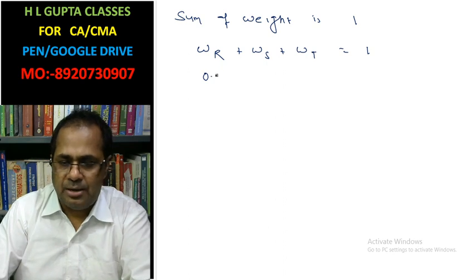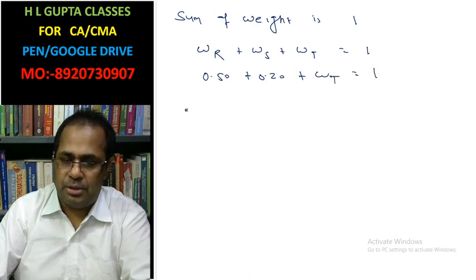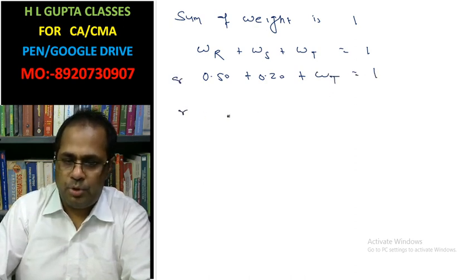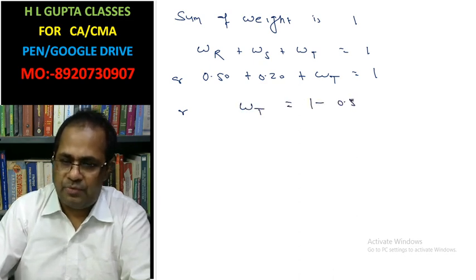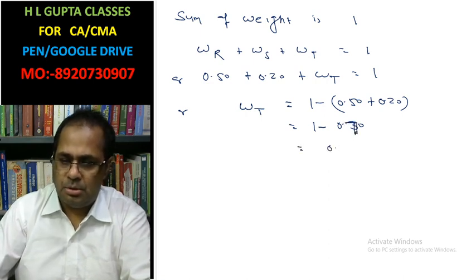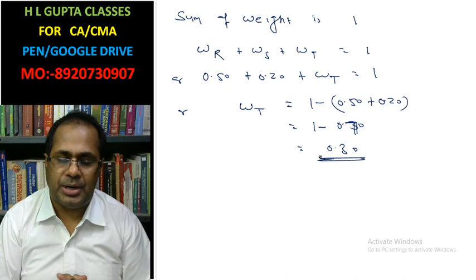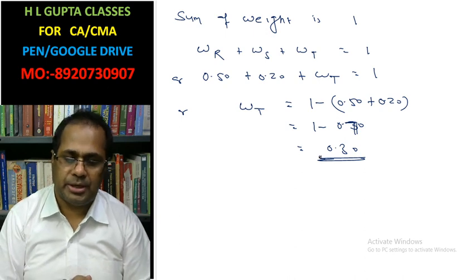Weight R is 0.50, weight S 0.20, weight T we need to calculate, so weight T equal to 1 minus (0.50 plus 0.20), 1 minus 0.70, that equal to 0.30. This is the way of calculating weight by the critical path.